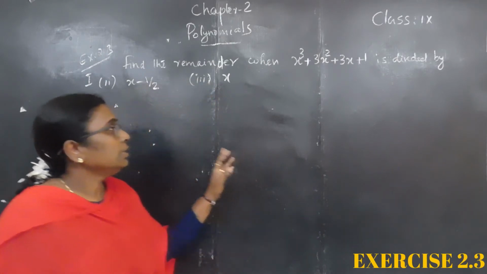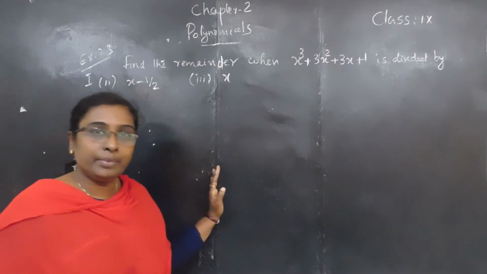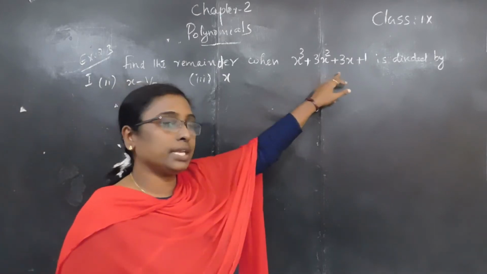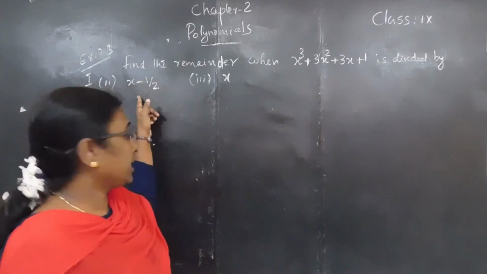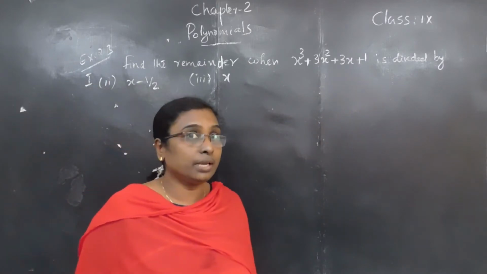The next question is, find the remainder when x cube plus 3x square plus 3x plus 1 is divided by x minus half. We know the remainder theorem.